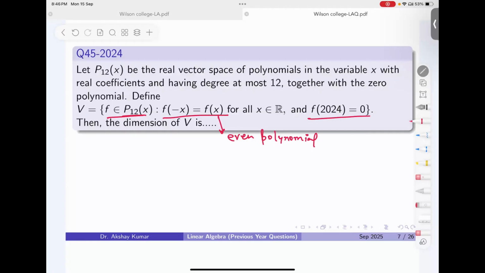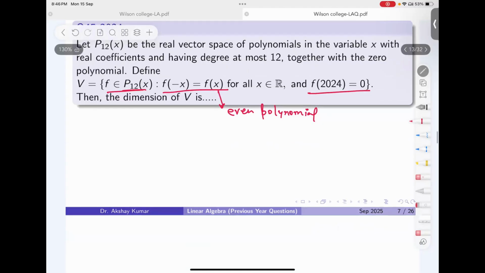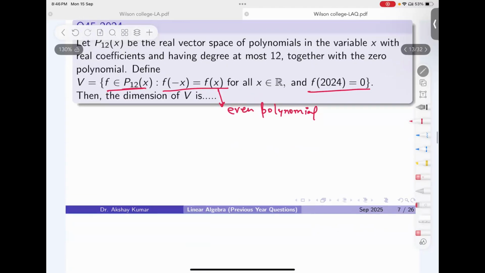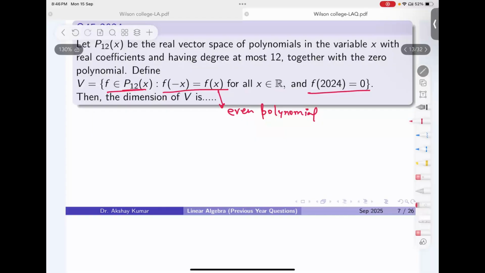And this is also a root of this, right? So what is the dimension of V?